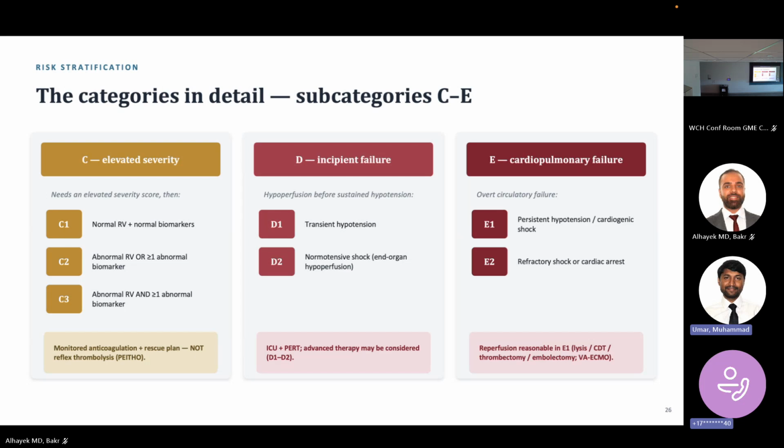So once you reach E2, what is the treatment here? Once you reach E2, despite everything that you did, when the patient was in transient hypotension, let's say. ECMO, yeah, ECMO, because the lungs are not working, so you need ECMO. And the heart is not working too.